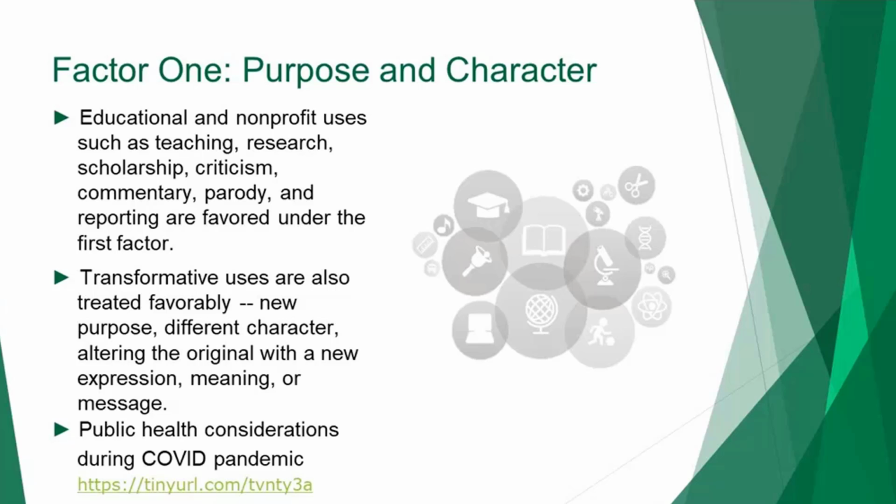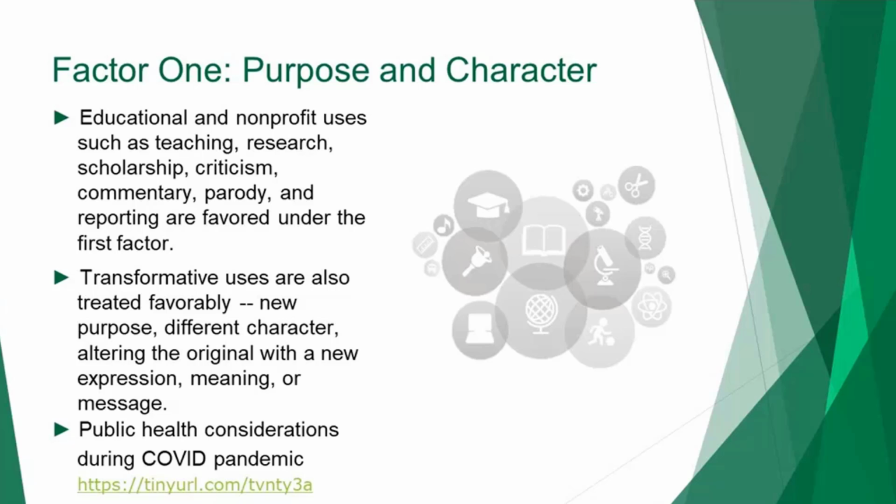Another lower court found that a search engine's use of thumbnails of copyrighted images was okay and was transformative because it was giving access to information versus the artistic expression purpose of the originals.